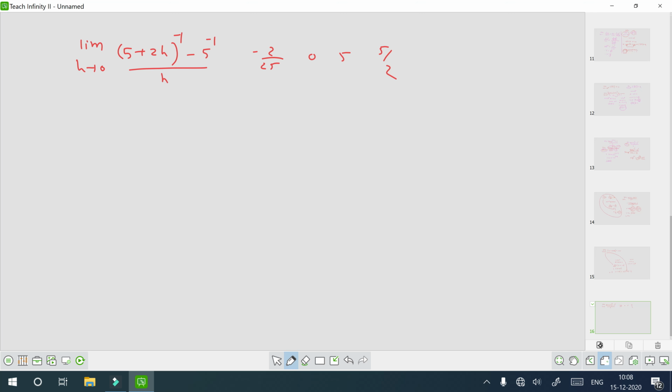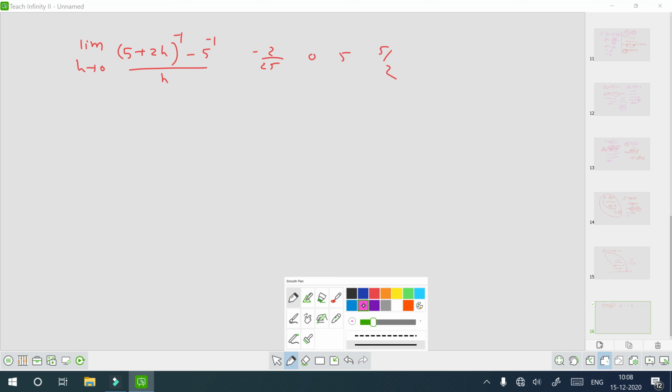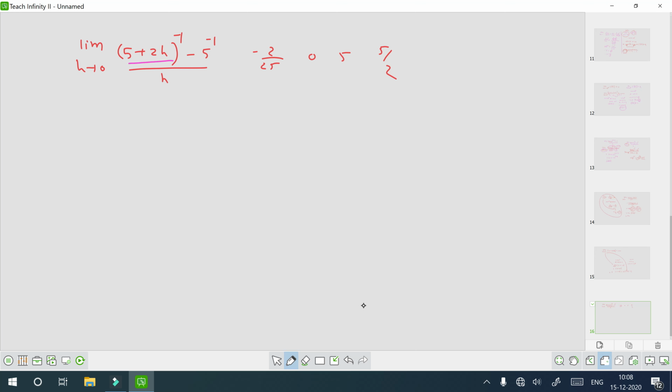These are the options. Now see, what is given to us here? This one is variable raised to n. So 5 plus 2h raised to minus 1 minus 5 raised to minus 1 over h. We need 2 first of all, so multiply and divide by 2. Clear? In the next step, 2 into 5 plus 2h raised to minus 1 minus 5 raised to minus 1.